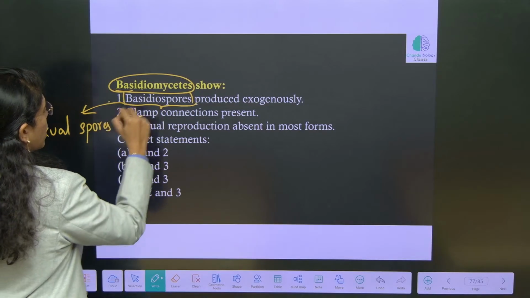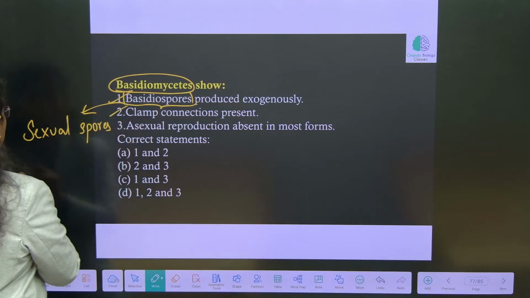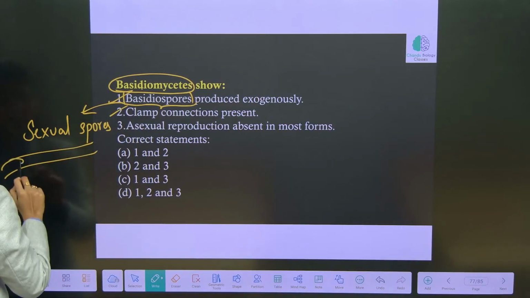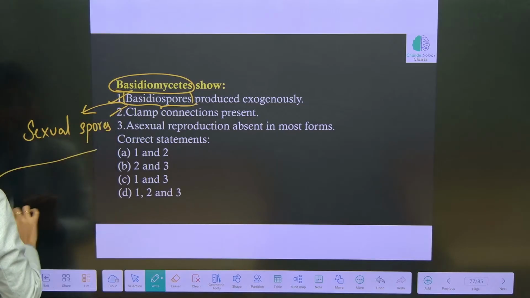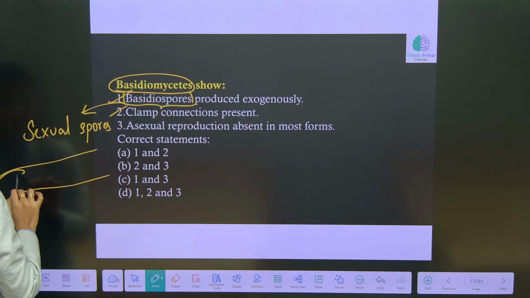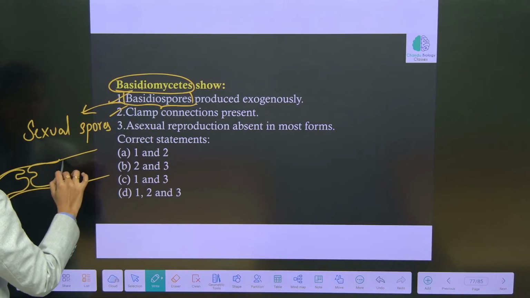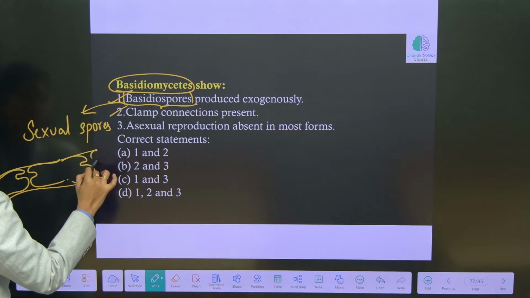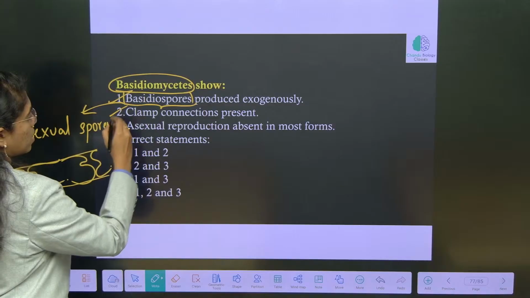They are produced exogenously. Clamp connections are present in between the mycelial cells, in between the hyphal cells.